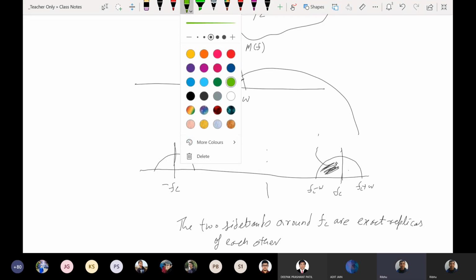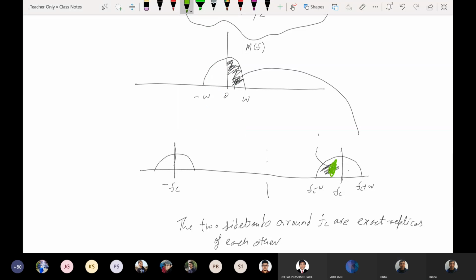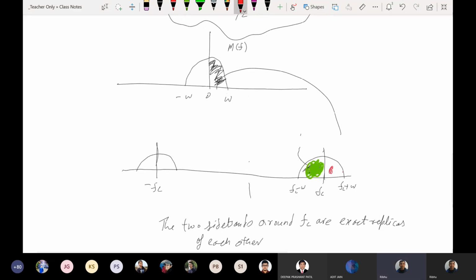The spectrum on the green band and the spectrum on the red band are exactly identical, but we are sending it twice.